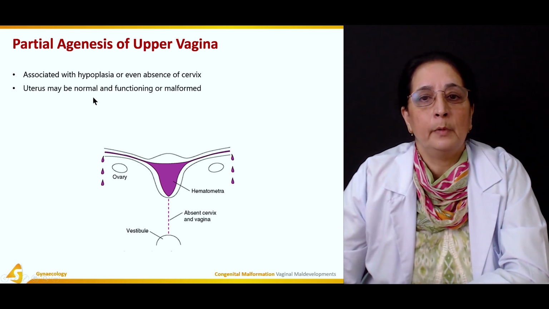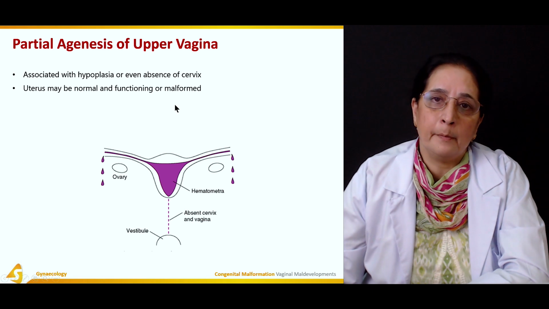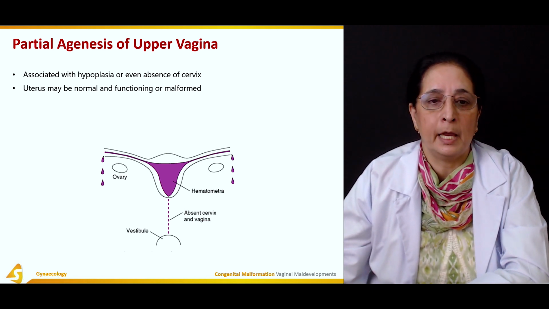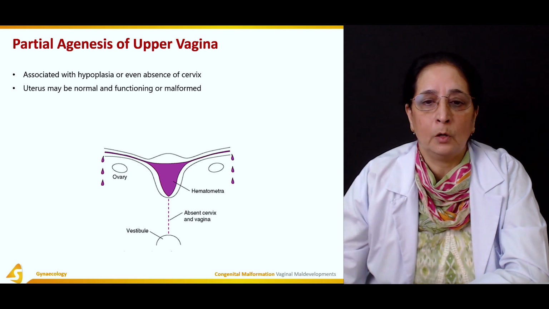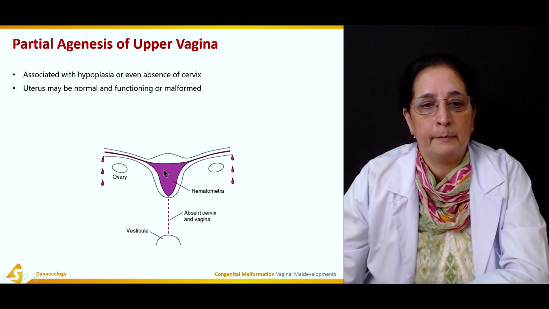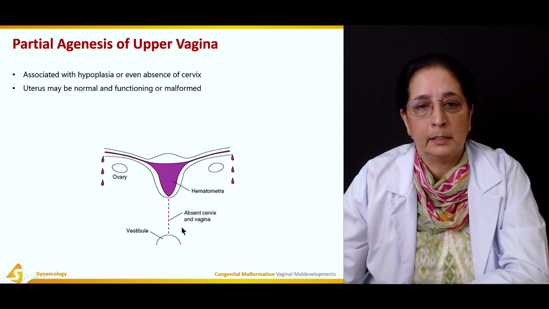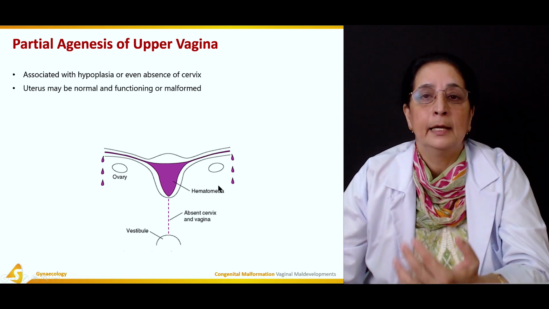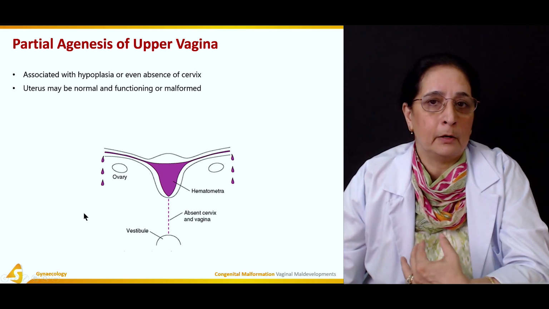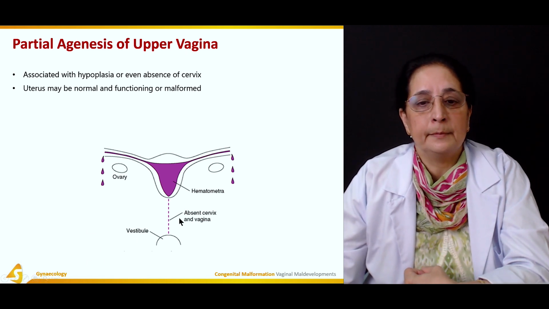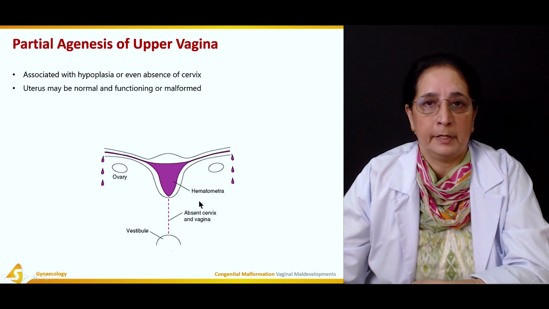The uterus may be normal and functioning or malformed. It doesn't have to be abnormal, so it may be normal or it may be malformed. It's not always malformed. So in the partial agenesis of the upper vagina, there is agenesis of the upper vagina along with sometimes absence of the cervix.